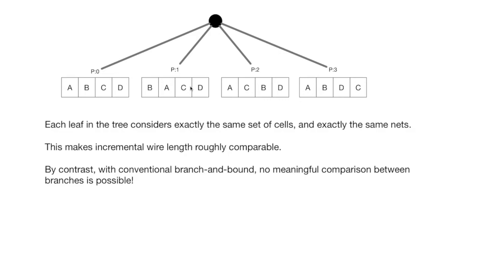So you can have a roughly comparable measure between which one's better. You can look at these 2 branches, or these 2, or these 2, and make some semblance of a rational ordering. This is a big contrast with conventional branch and bound, or even branch and price, where no meaningful comparison between branches is possible. This lets us prune the tree to K solutions and still keep a good quality result.